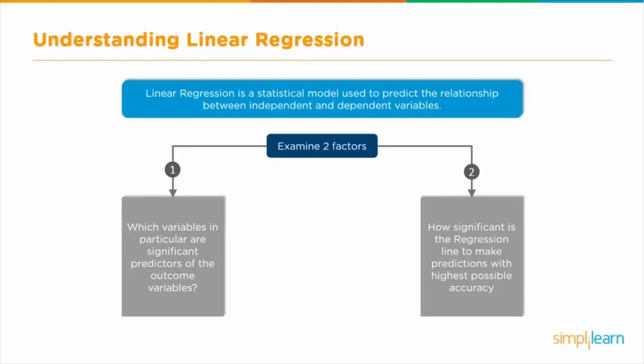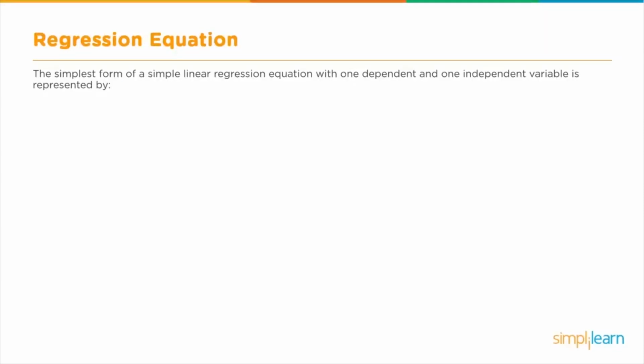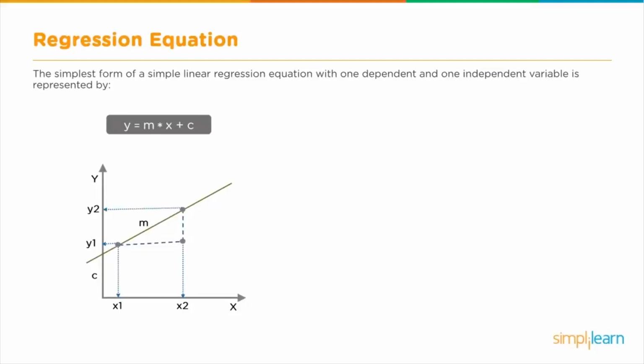Since linear regression is based on drawing a line through data, we're going to jump back and take a look at some Euclidean geometry. The simplest form of a simple linear regression equation with one dependent and one independent variable is represented by y equals m times x plus c. If you look at our model here, we plotted 2 points, x1, y1 and x2, y2.